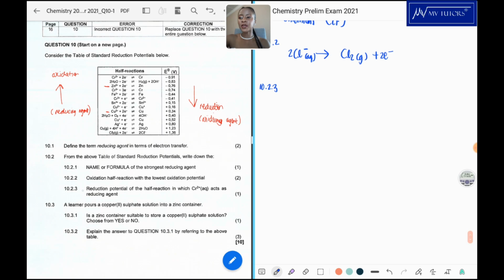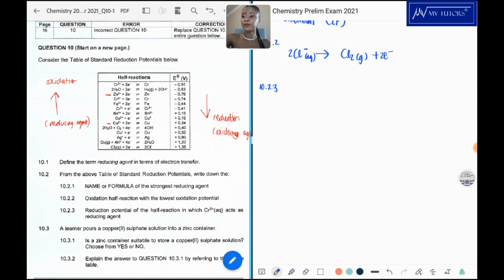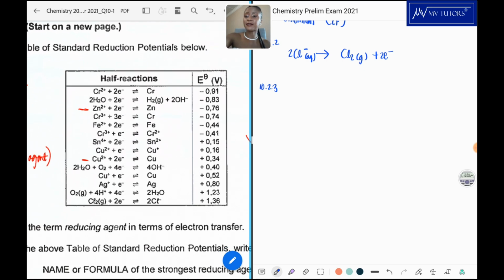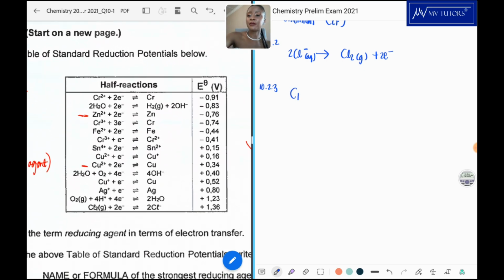Write down the reduction potential of the half reaction in which chromium 2 plus acts as a reducing agent. I'm going to try to put the chromium 2 plus on the left-hand side and everything else on the right. So first of all, we have Cr²⁺ plus 2 electrons, and we get chromium.